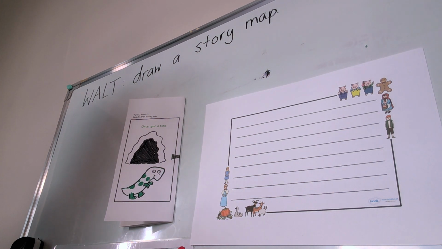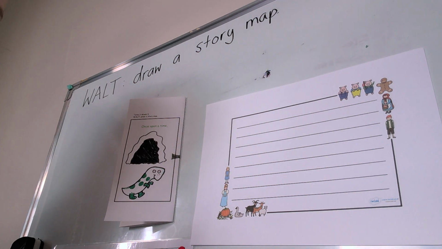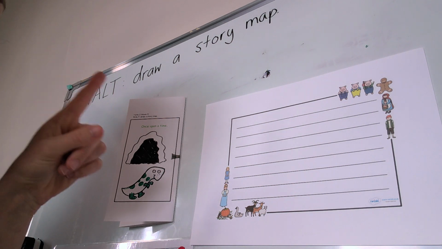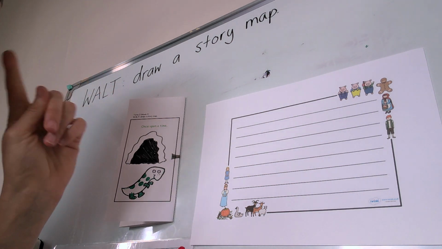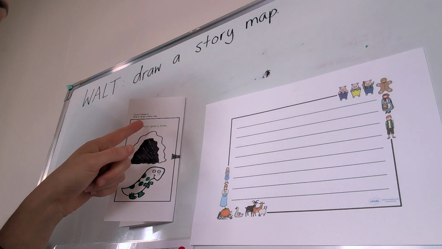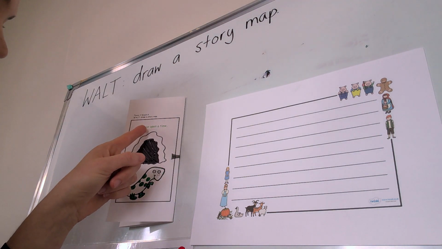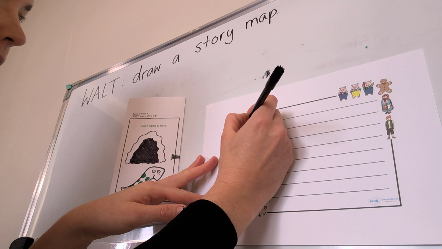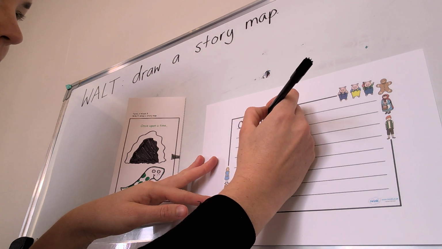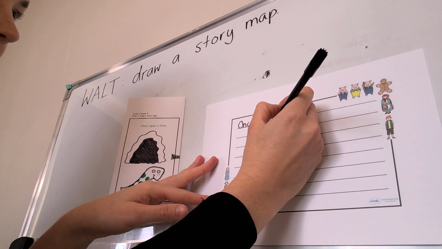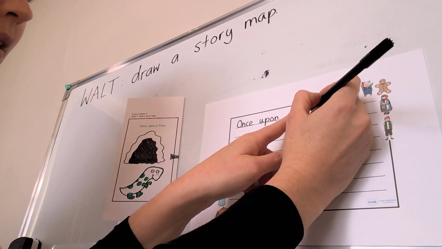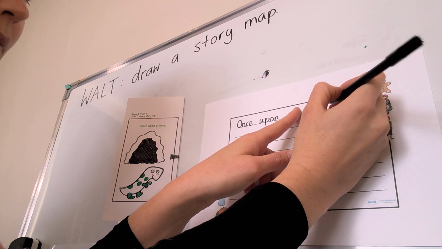I'm not going to think too hard about the words once upon a time because they are here. And one thing a good writer does is they use the words around them to help them. So I'm just going to copy once upon a time. So once upon, use your finger spaces, a time.